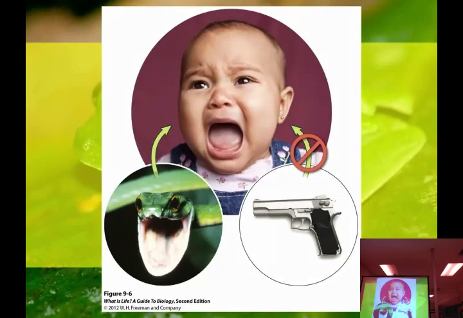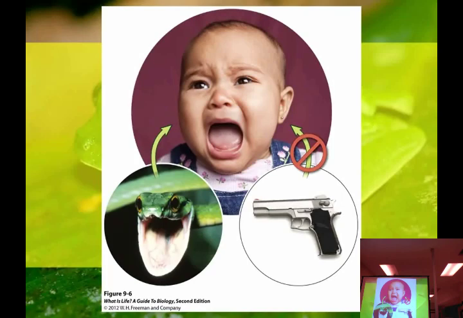So if you think about the ease with which a baby becomes scared of snakes versus a person getting fearful of guns, guns don't necessarily kill you the first time you touch them, and some people may become very used to handling guns.